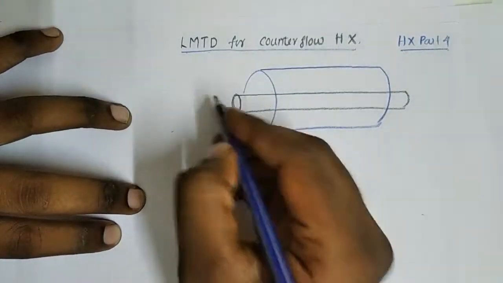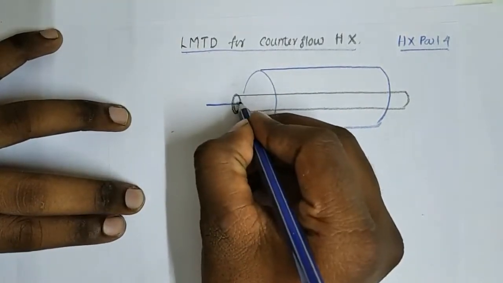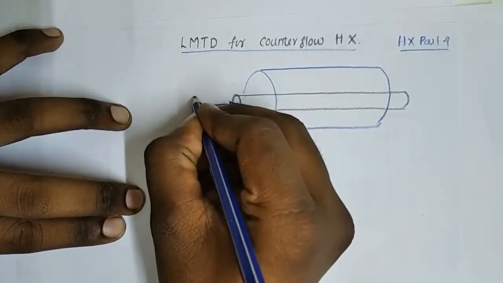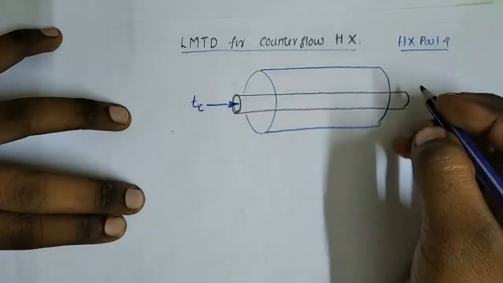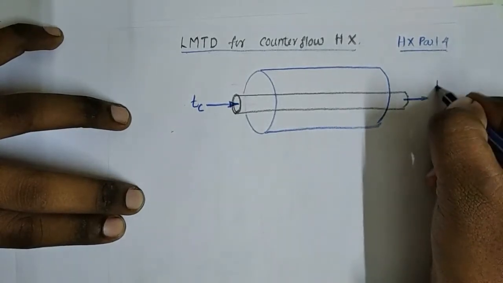Now through this tube the cold fluid is small tc, and at the outlet side this is small th.